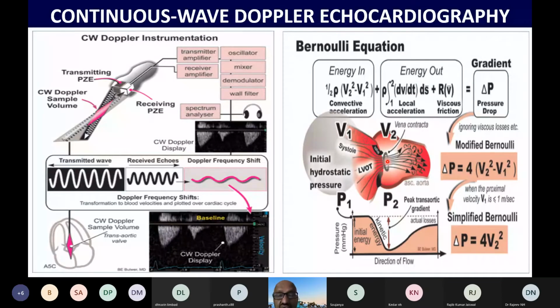This is because of two reasons. One reason is that in echocardiography, we are measuring the instantaneous pressure gradient in a given cardiac cycle. Whereas in the catheterization lab, we are measuring the peak to peak gradient, that is the LV pressure measured in one cardiac cycle, and then the aortic root pressure measured in the next cardiac cycle.